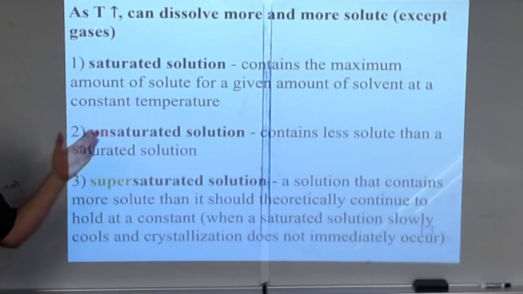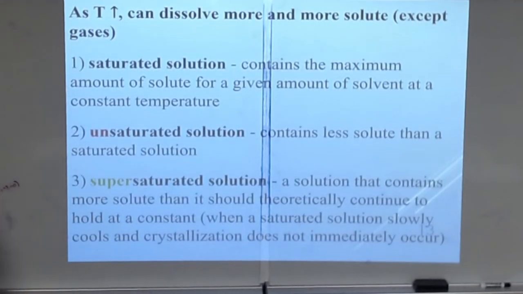I can actually do that for lots of these. An unsaturated solution contains less than the maximum. And a supersaturated solution contains more solute than it should be able to.